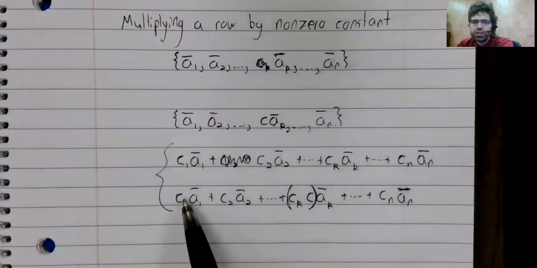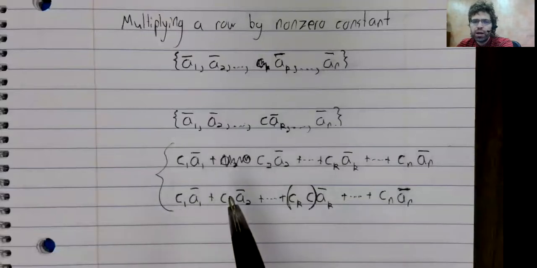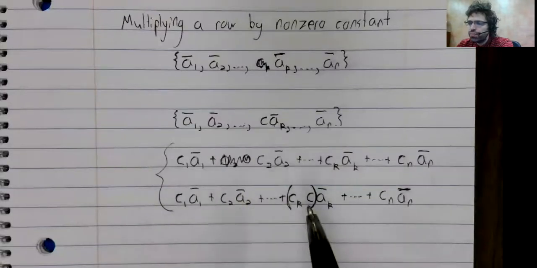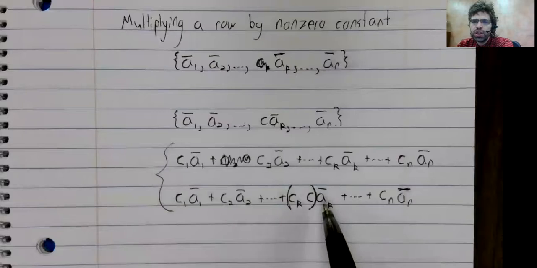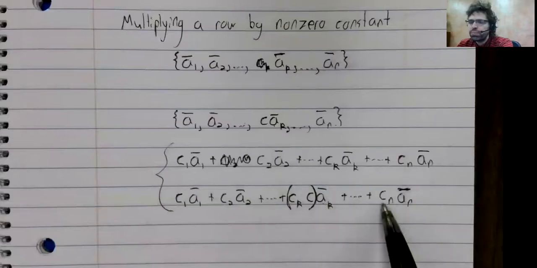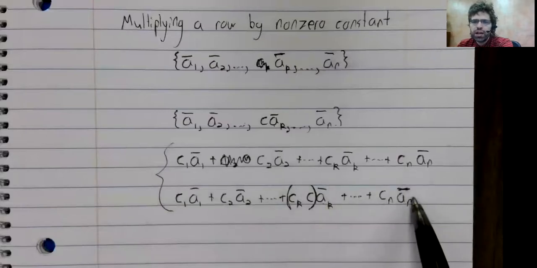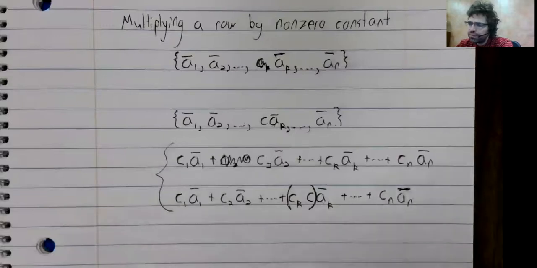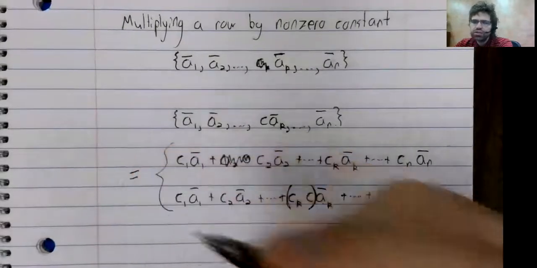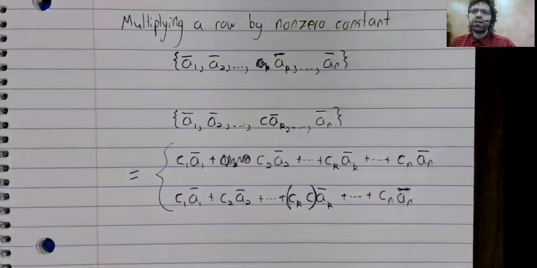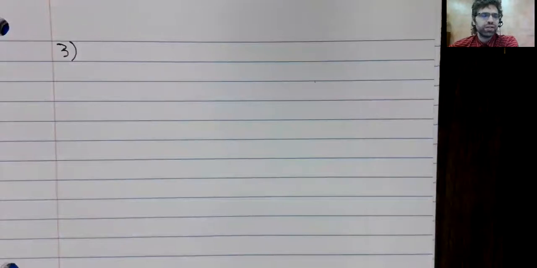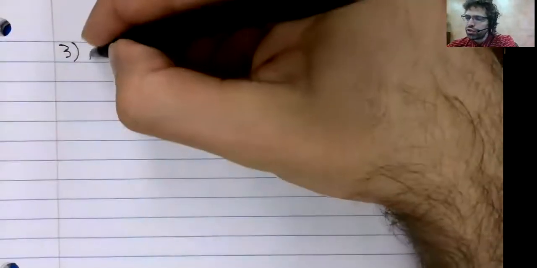Down here, it's the same. These are the same thing. That's basically the argument we're going to make for the last of these elementary row operations.